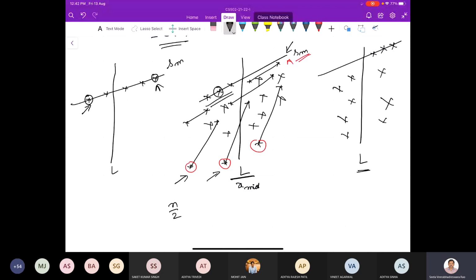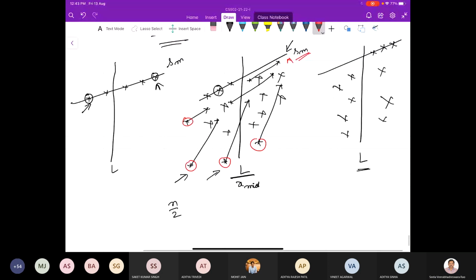So these 3 lines and this point also can't be part of the upper hull. So we remove these points.